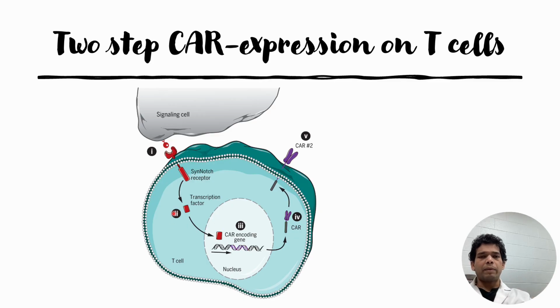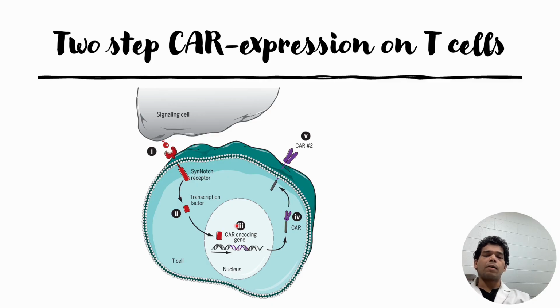So one of the problems that might arise in this approach is the trafficking of the CAR to express on the cell surface, because these transcription factors, once translocated into the nucleus, will start to express or encode this CAR at a high rate.